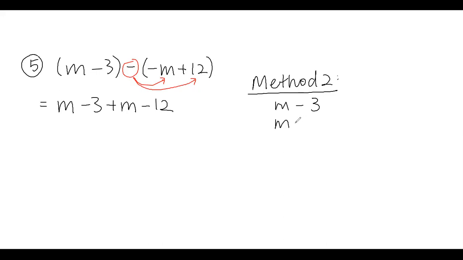M minus 12. We've got here, adding these together, because we changed everything to its opposite. Adding these together, I get 2m. And then how many things am I subtracting? 15 in total.